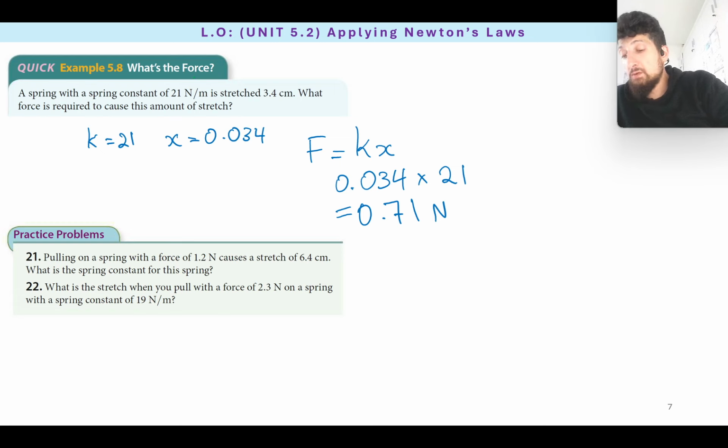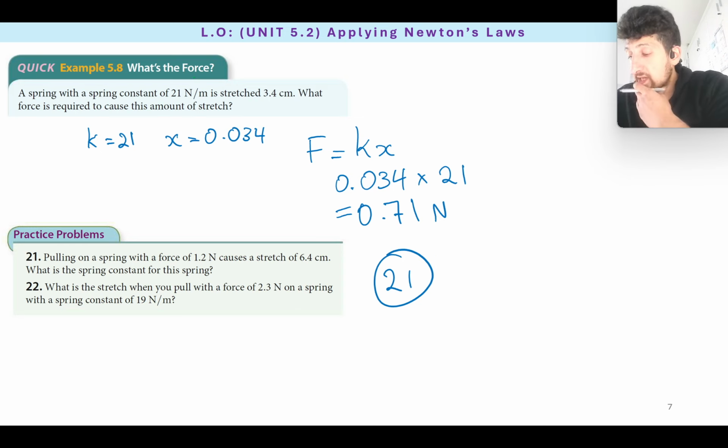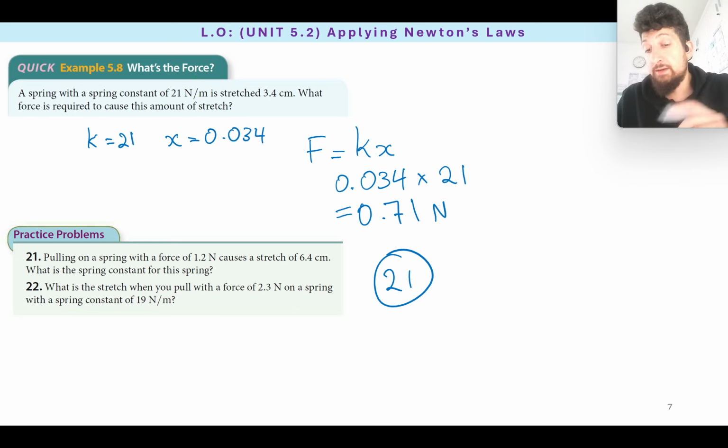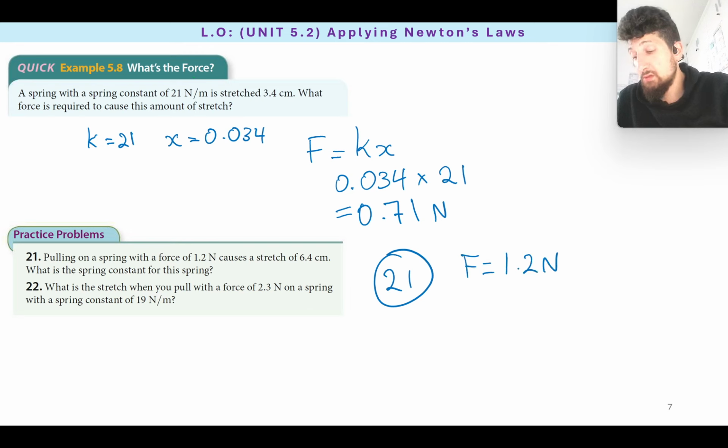Okay, let's look at question 21. See what they want. Pulling on a spring with a force of 1.2 newtons causes a stretch of 6.4 centimeters. What is the spring constant of the spring? So the force equals 1.2 newtons.